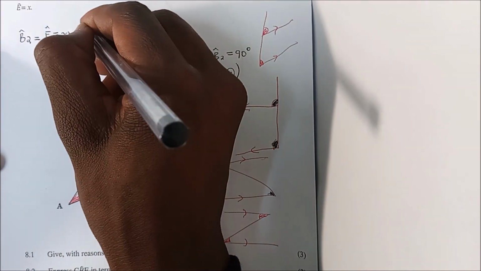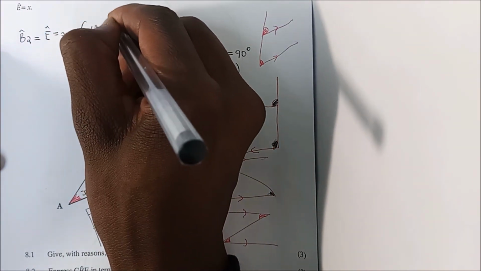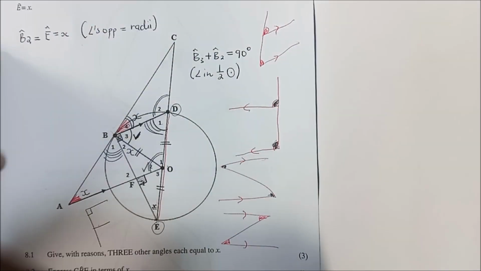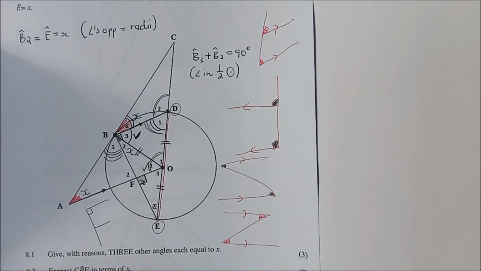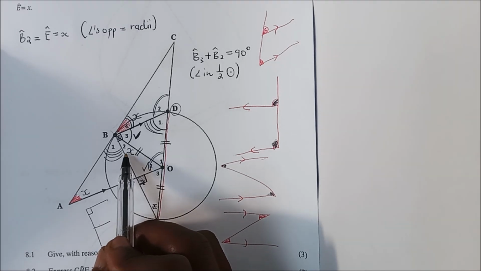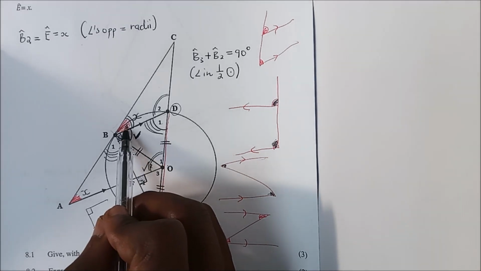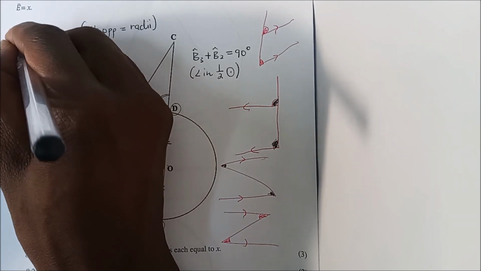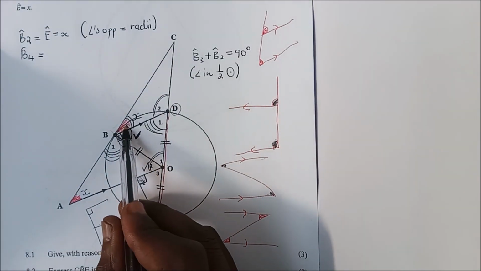Then what will be our reason? Our reason will be angles opposite equal radii. Or remember, as I said, you can say equal sides. It's not a problem. And again, can you see B4? We put x on B4. So we are going to say B4 is equal to which angle?